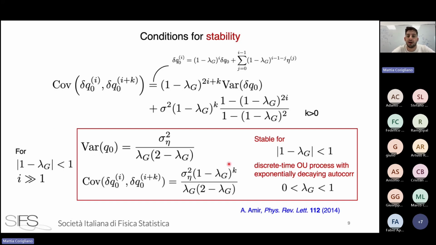In particular, for lambda g positive, this can also be viewed as a discrete time Ornstein-Uhlenbeck process with exponentially decaying autocorrelation. So you can see that we have a finite expression for the variance of the logarithmic birth size, which can be written in terms of the variance of the additive noise, which might be a timing noise, for example, divided by a correction term that depends on the actual division strategy implemented by the cells.